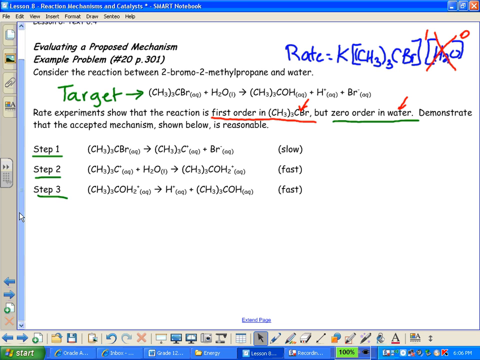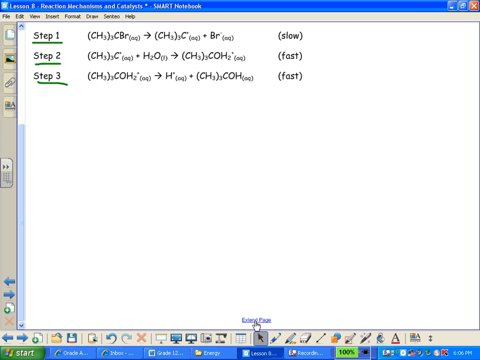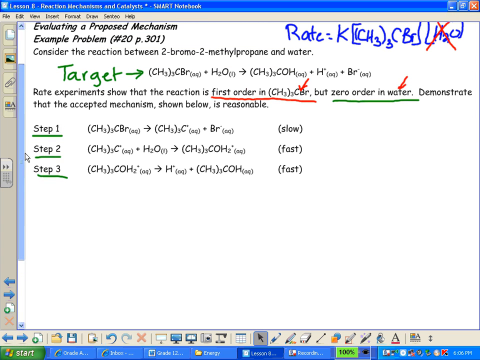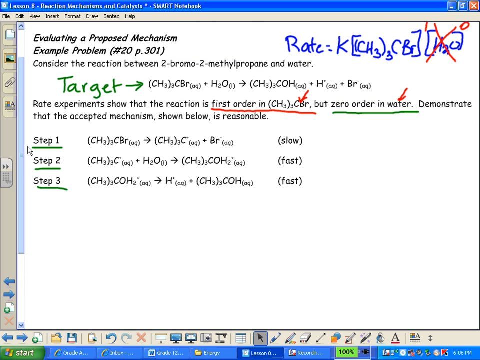So we need to figure out if this is reasonable. There are 3 things that need to match up in order to consider this a reasonable mechanism. It's basically asking if we go through steps 1, 2, 3, is it going to give us what we're actually looking for? The first thing you need to look at is: do the steps add up to the overall reaction?